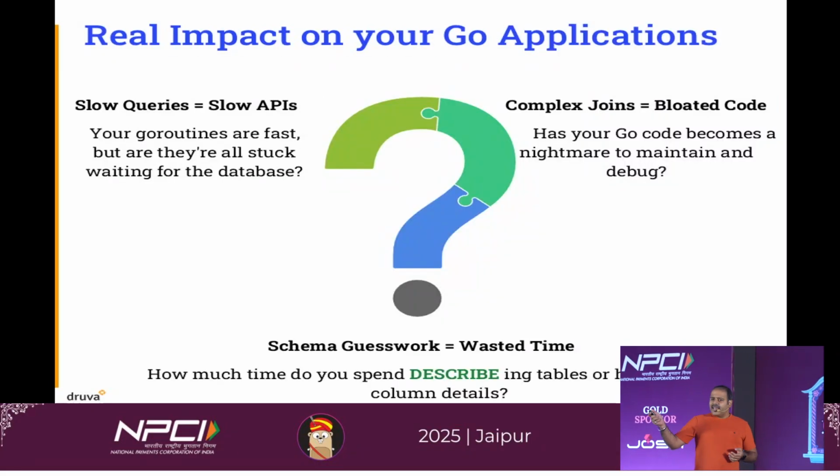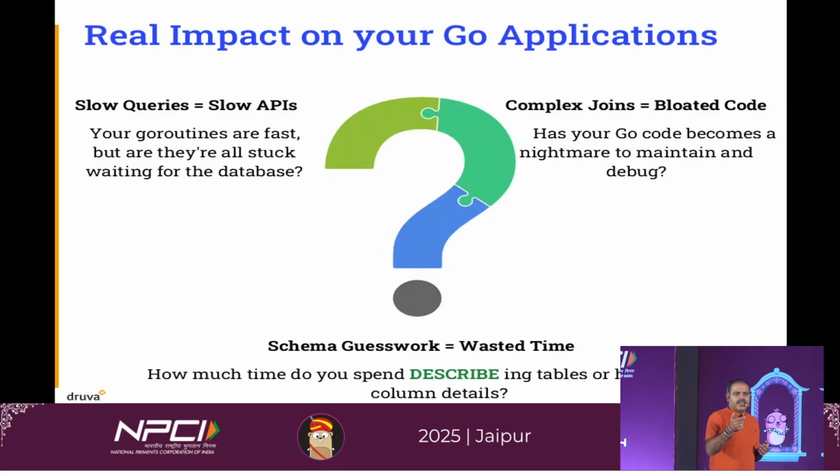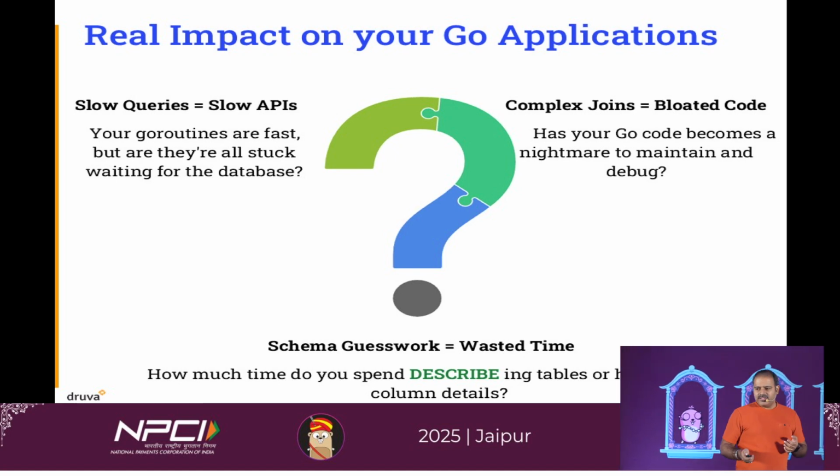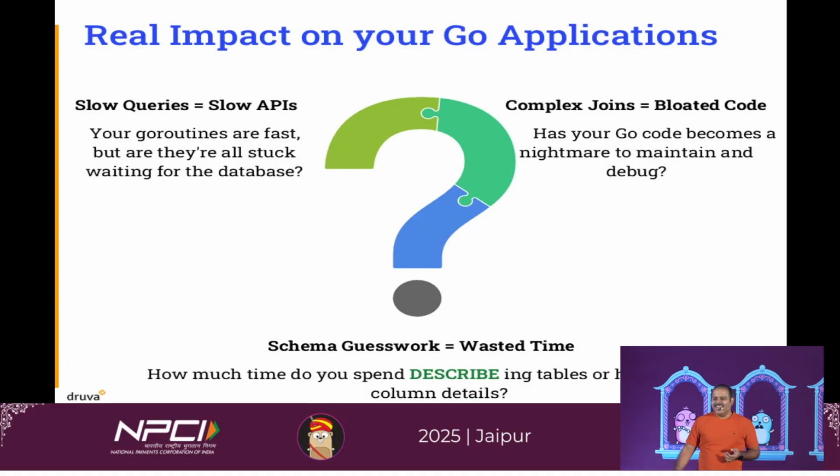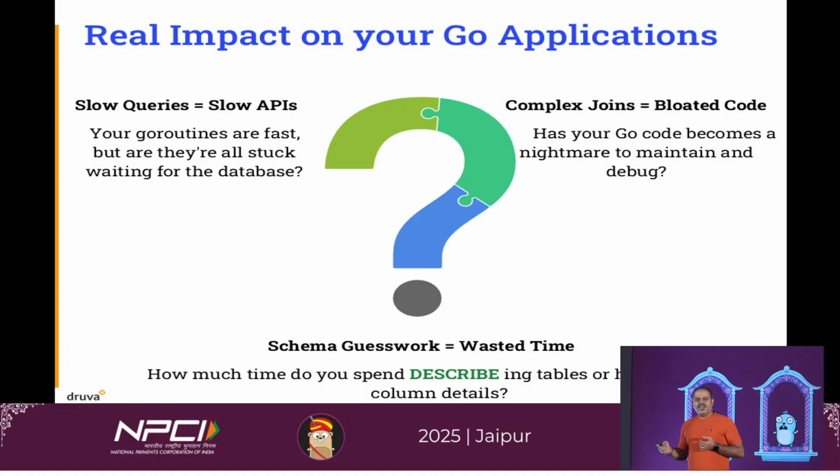So what's the real impact of these challenges on your Go applications? Slow queries mean slow APIs. It's not the case that if your application is fast, your database is also fast, and vice versa.